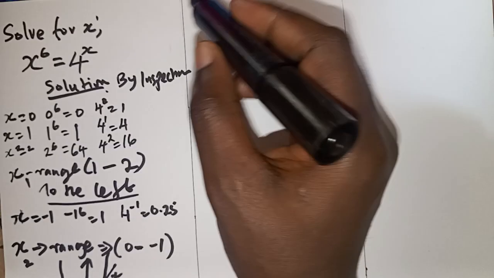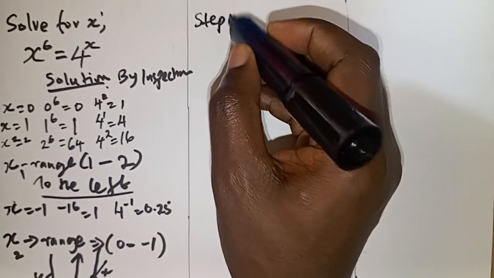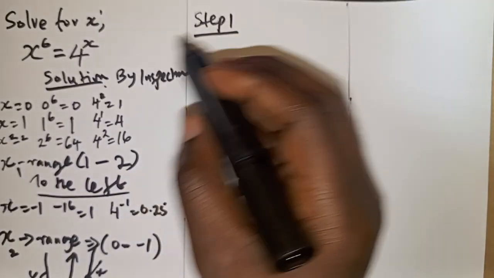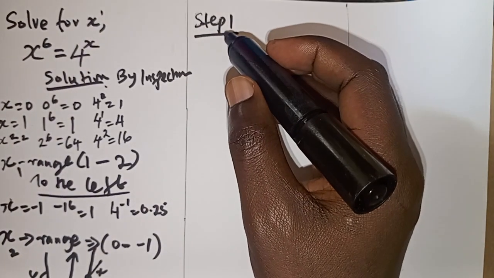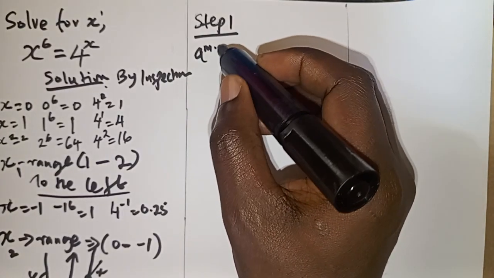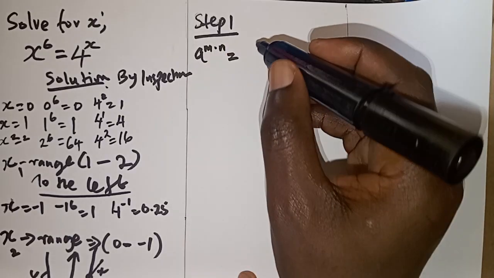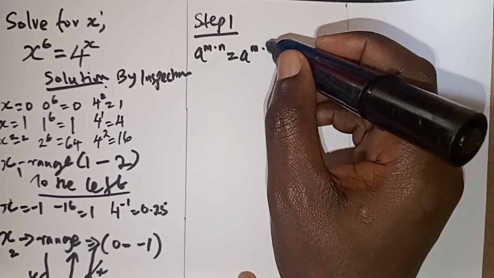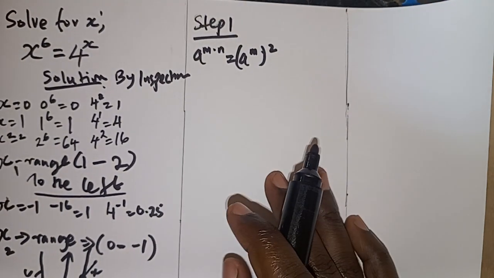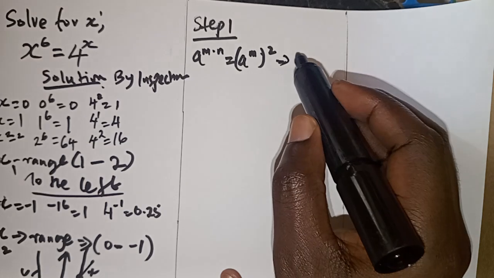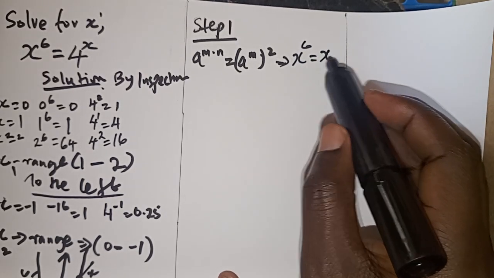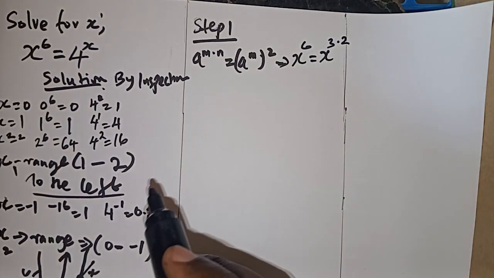So the solution, or my first step: I know that according to the laws of exponents, if you have a raised to m multiplied by n, then this can be written as a raised to m, all raised to the power n. So if you have x to the power 6, this can be written as x to the power 3 multiplied by 2.